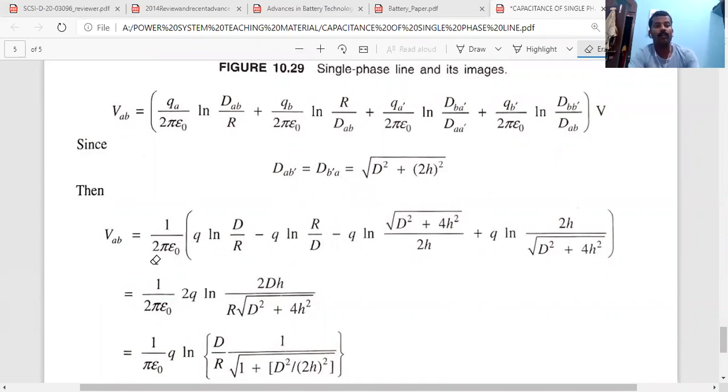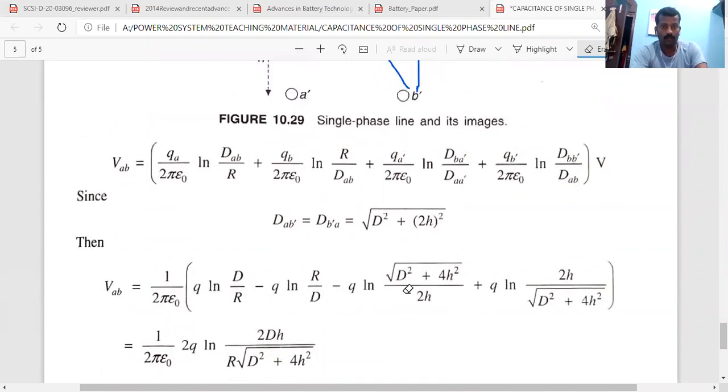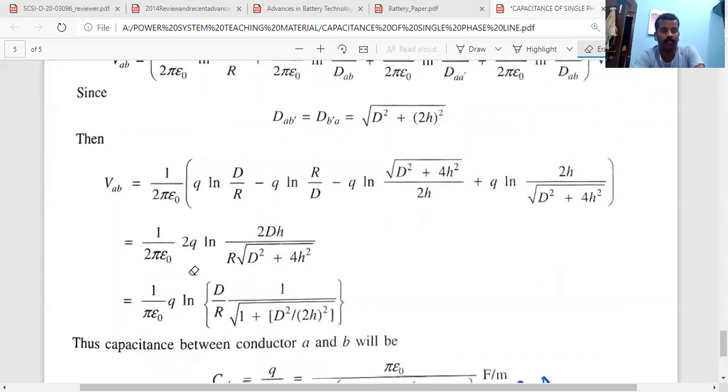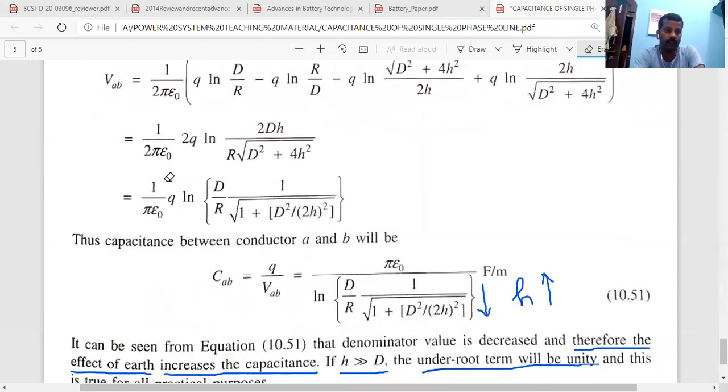Now we can put the value of DAB dash and DB dash equal to root of D square plus 2h square into this equation, and finally we get 1 upon pi epsilon naught Q ln D by r times 1 upon root of 1 plus D square by 2h square.